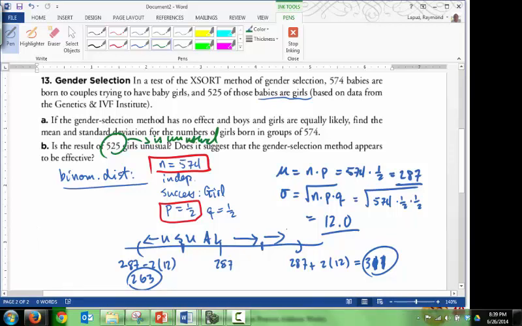It seems pretty high compared to 574, but it still would have fallen under our usual values. But 525 out of 574, that is very unusual. Okay? That sound good? All right.